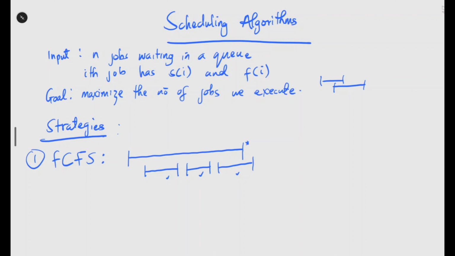So while you think about that, let's think about another strategy. Our second strategy, let's call that the shortest jobs first. Supposing we want to execute the shortest jobs first, which is also a good strategy.